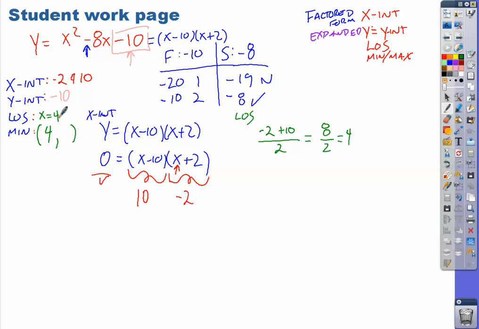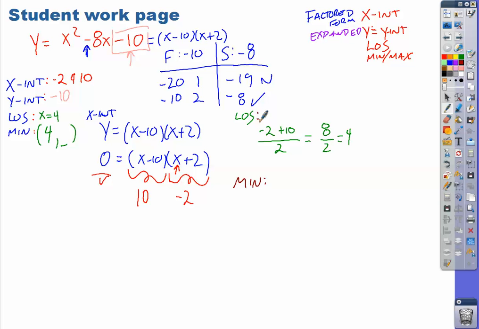But that doesn't really help. Well, it does help a lot, but we still need to find this value. So when we're looking at the minimum or maximum, we're going to have to plug in our x value to find our y value for our minimum.